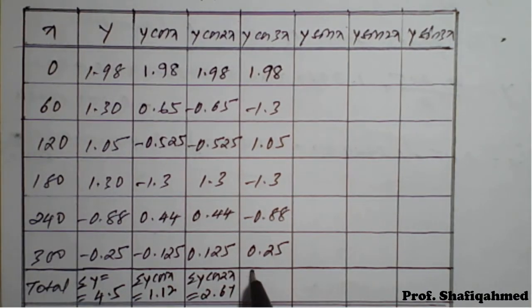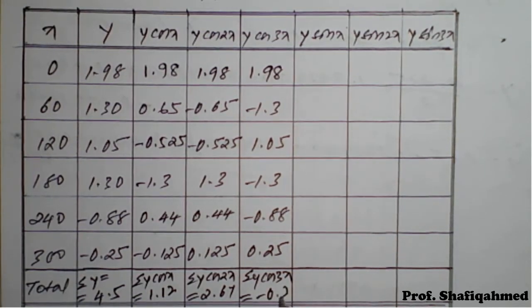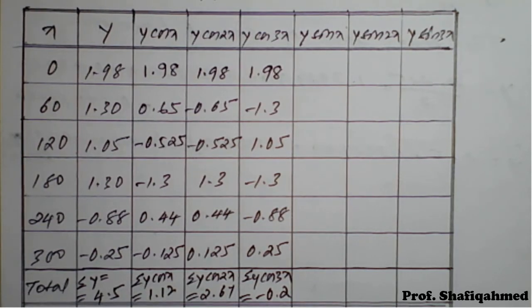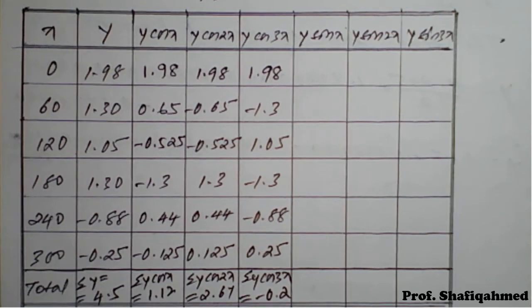Finally, summation y cos 3x will be minus 0.2. So we need to be careful in addition, because we have negative signs here. Whatever signs are there, we need to apply them and get the summation.